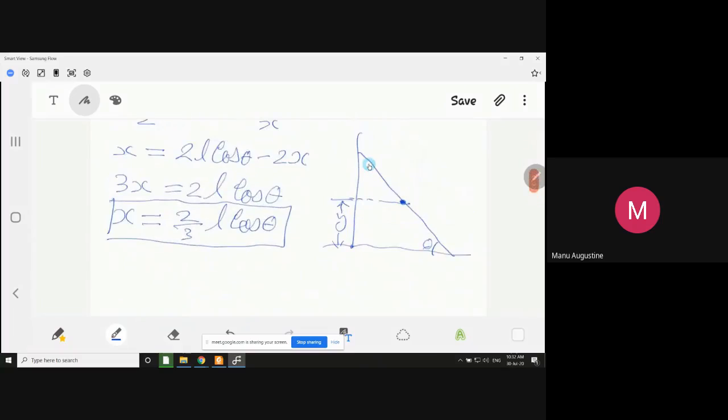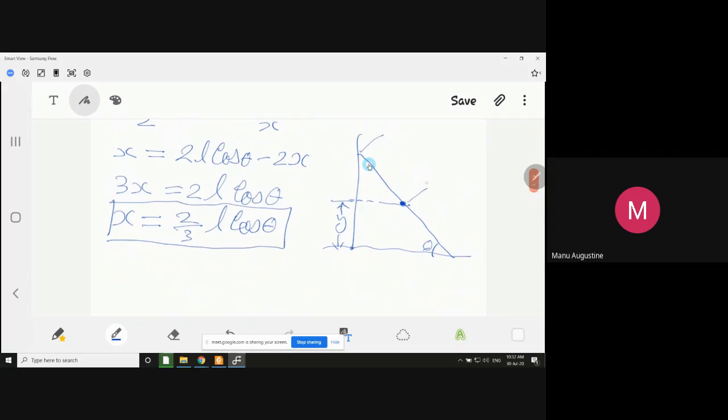So this distance must be L by 2 and this distance should also be L by 2. Why? Because this is the center of gravity of the rod and this is y. This vertical distance is y. Now again, we have two similar triangles.